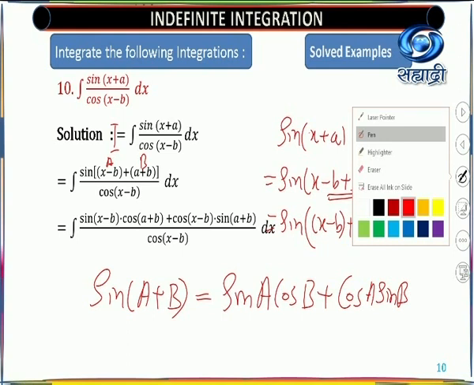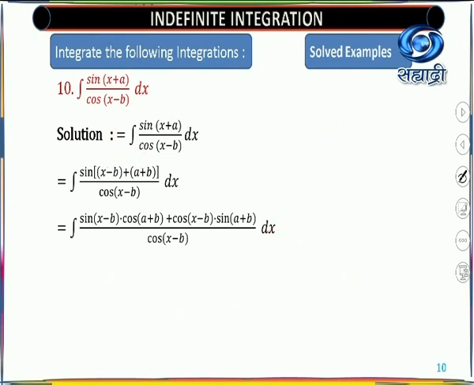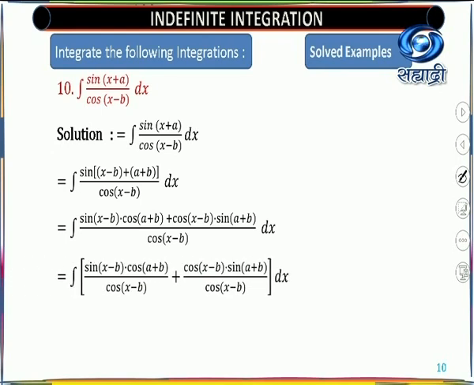Okay. Now we'll start thinking about separation of the denominator. So if you take the cos x minus b in the denominator, what you will get as the first term? Look at the first term. This becomes sin of x minus b into cos a plus b upon cos x minus b. At least this angle is the same and this one is a constant term which you are able to take outside.